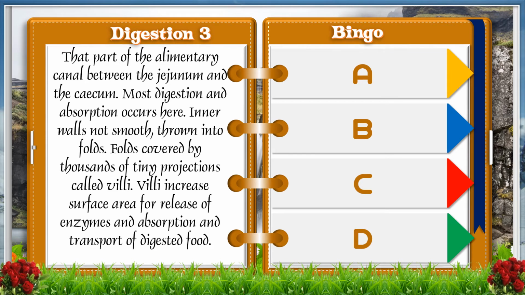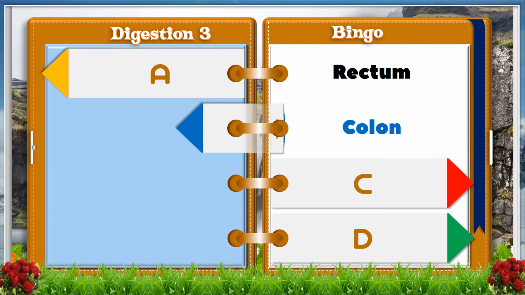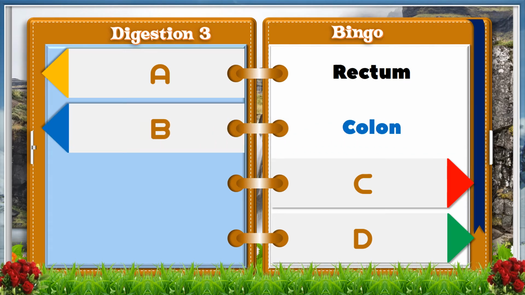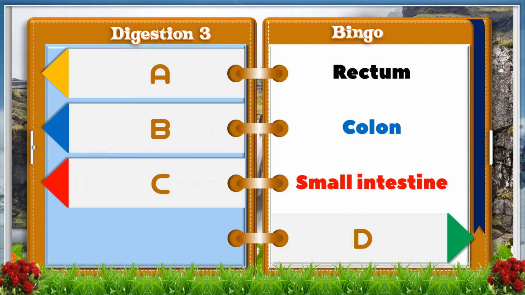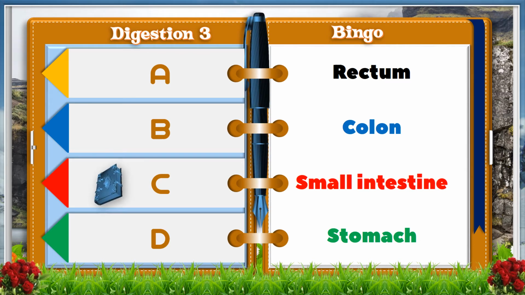Villi increase surface area for release of enzymes and absorption and transport of digested food. A. Rectum. B. Colon. C. Small intestine. D. Stomach. And the answer is C. Small intestine.